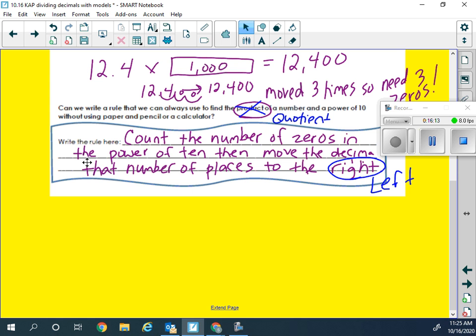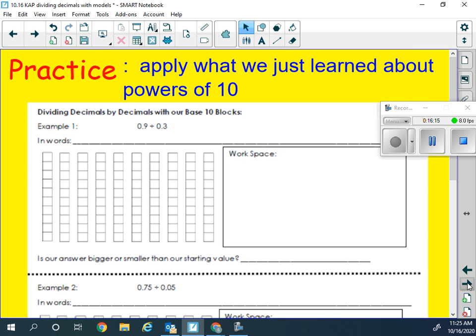Okay, so now let's talk about the models and how to apply that new information with the models to help us, which is where you've been trying to go the whole class. So here we go. 0.9 divided by 0.3. First of all, let's put that into words. What does this mean? 9/10.